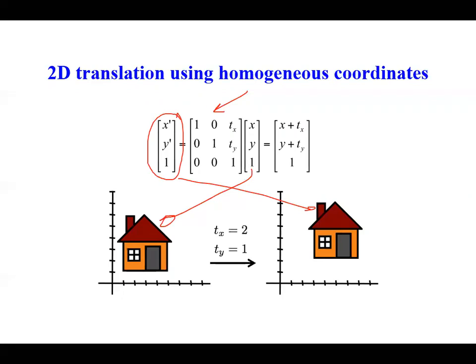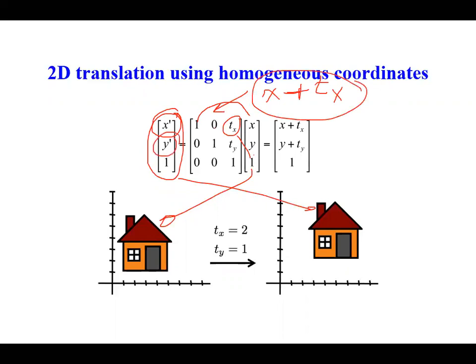So x dash is 1 multiplied by x, plus 0 multiplied by y, which is 0, plus tx multiplied by 1, which is the translation in the x direction. If you recall, this is what we had earlier for the translation.